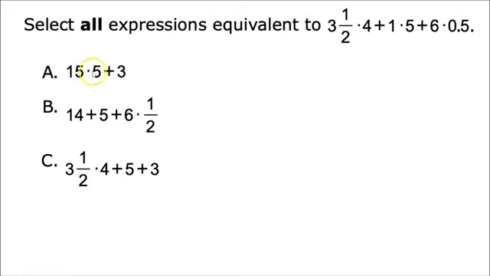We have 15 times 5 plus 3. And then for option B, you have 14 plus 5 plus 6 times 1/2. And then option C is 3 1/2 times 4 plus 5 plus 3. And I'll let you pause the video to work on this problem.